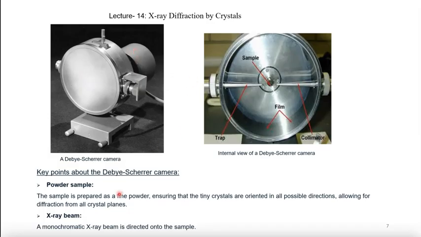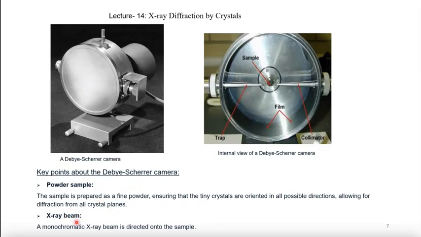So the key points about the Debye-Scherrer camera: we do have to have a powder sample. The sample is prepared as a fine powder, and then we mount this sample in the sample holder here, and we have a motor by which we rotate the sample holder continuously so that we get the Bragg equation fulfilled in various planes of the crystals.